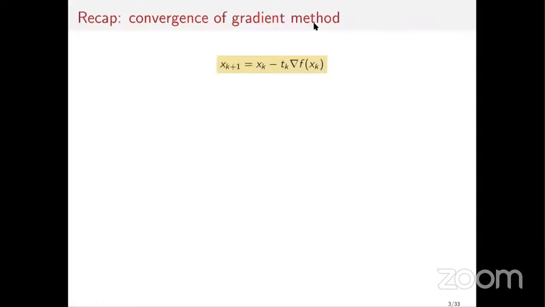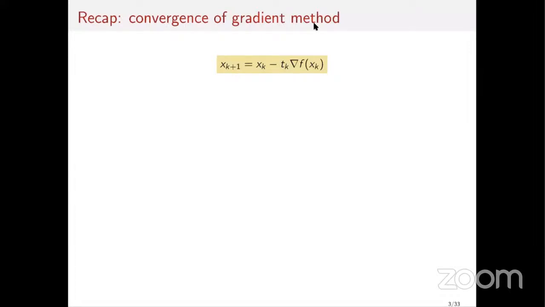Just to recap, this is the gradient method that we saw yesterday. I want to minimize the function f of x, and my iterate x_{k+1} is x_k minus t_k times the gradient of f at x_k. And t_k is a step size. We discussed a bit how one can choose such a step size.